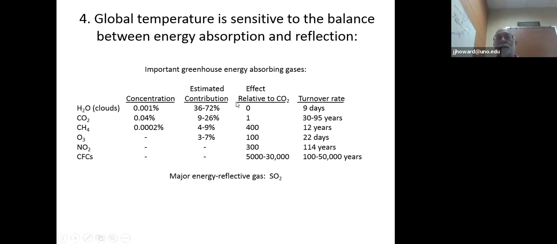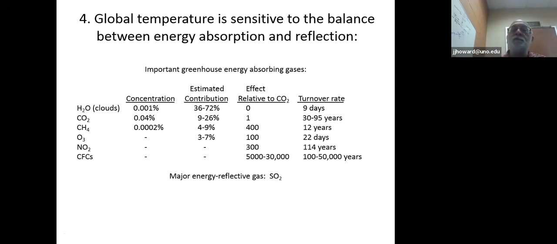Well, there's one, and that's sulfur dioxide. So sulfur dioxide is a fairly minor gas, but it's really good at reflecting heat back into space. And its major source on Earth is volcanic eruptions.